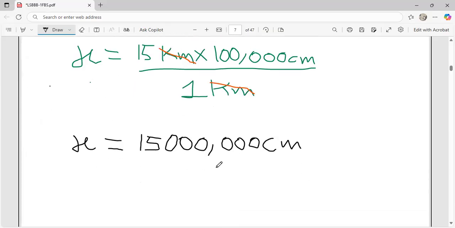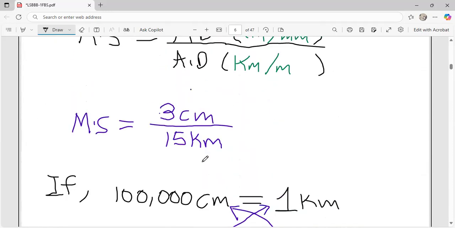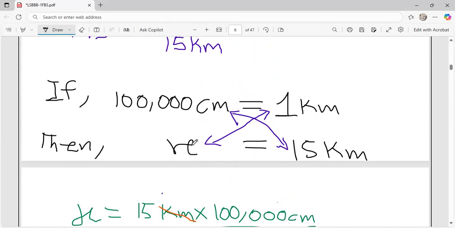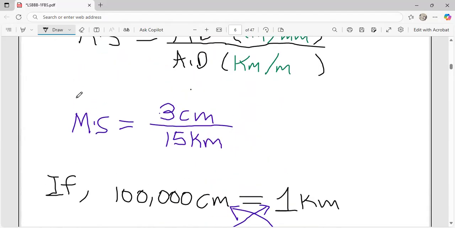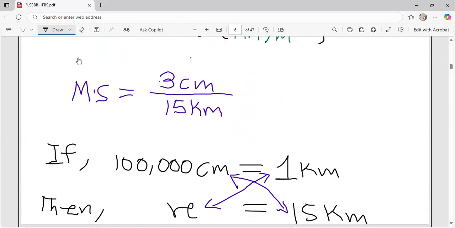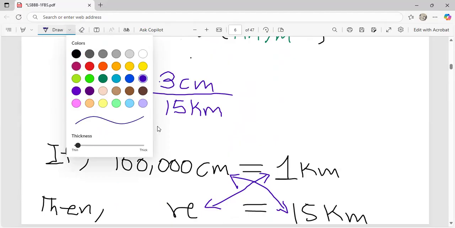So from here, we see that they are all now in the same unit. So we just quickly write that down and then let the units cancel out and then get our scale, and then we are done for the work.